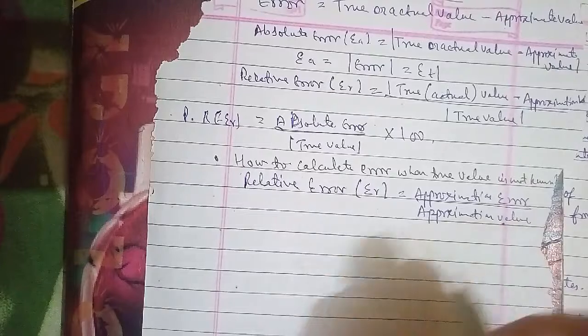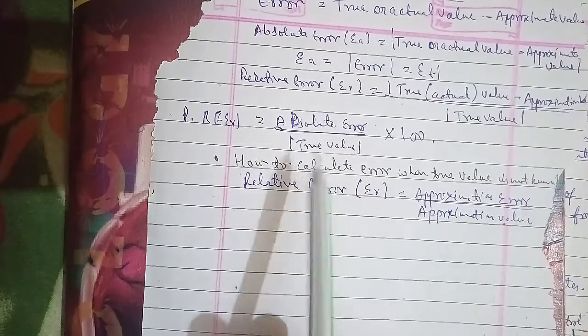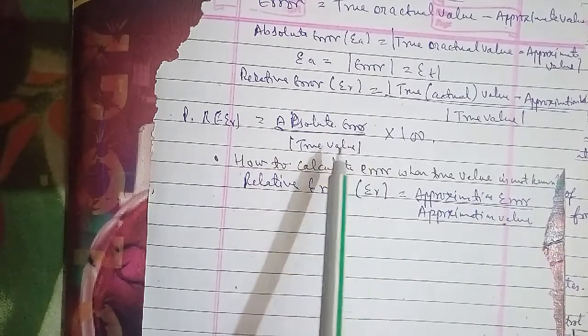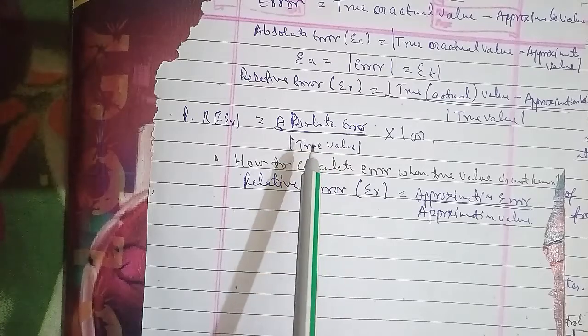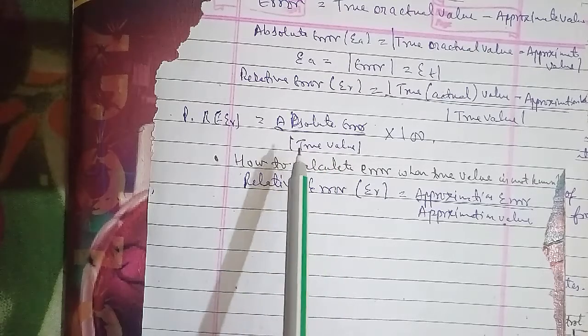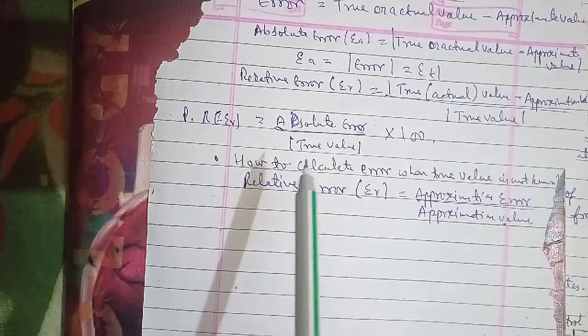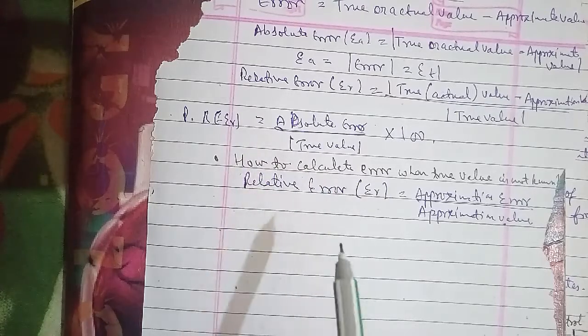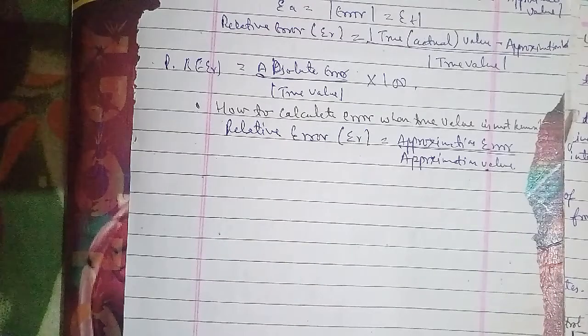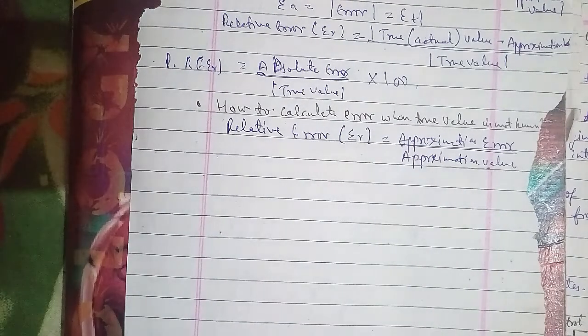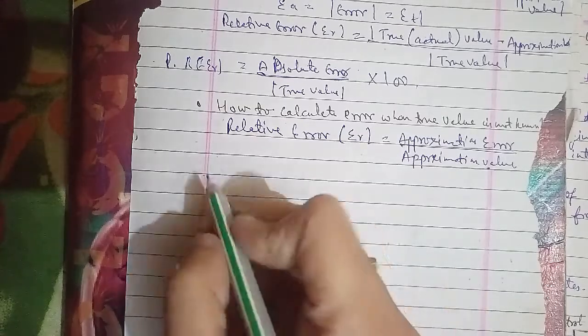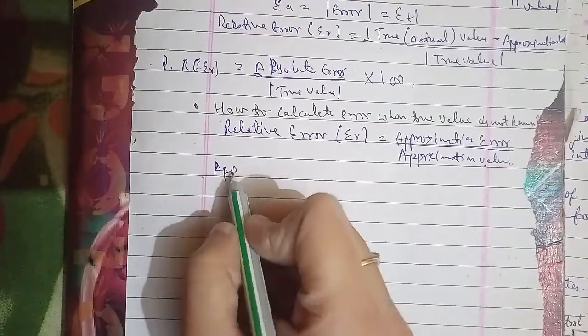And the relative error is then calculated as here, and that will be the relative error, which is ER, and that is equals to current approximation minus previous approximation upon current approximation.